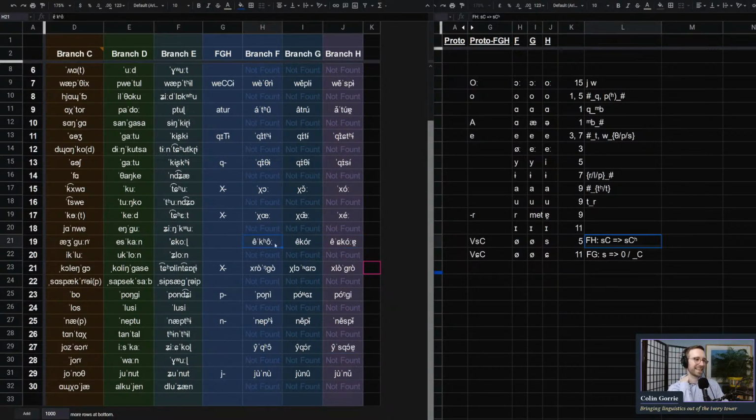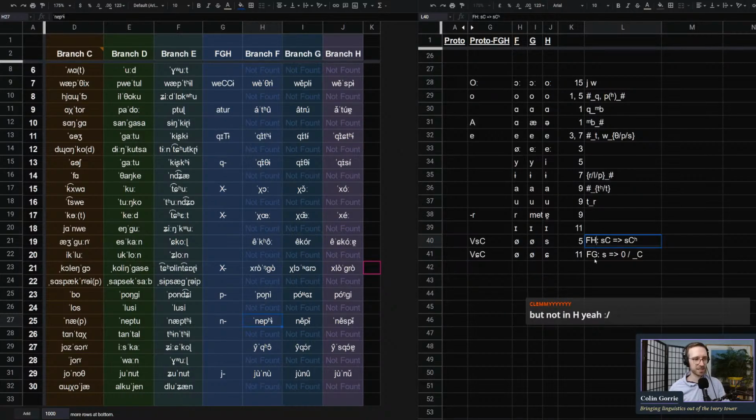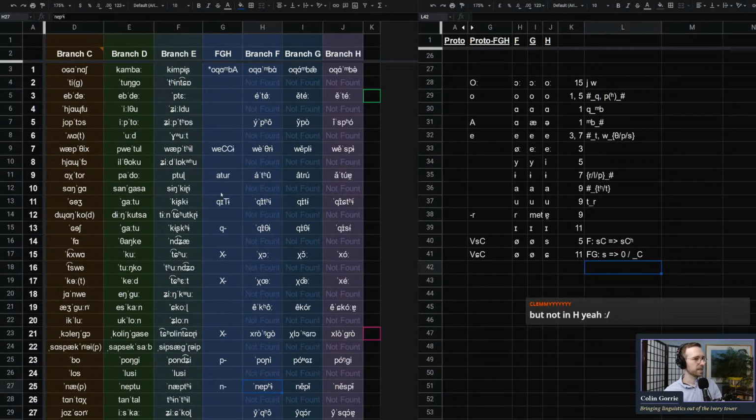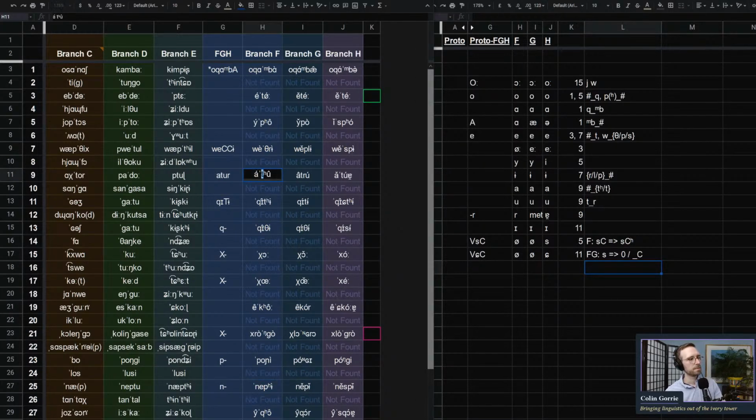And similarly in 19, it does it in F, but not in H. Okay, forget about H, but I think it does happen in F. So we can do a little bit more now, I think. But where did the aspiration come from here? Something to ponder.